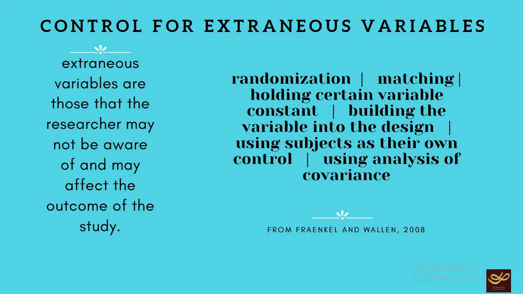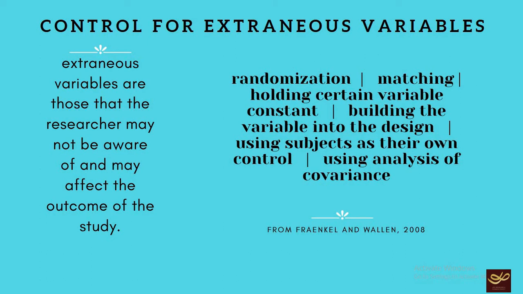So for example, if sex is a factor in the study, you can do matching. A male subject in the control group must be paired to a male subject in the experimental group. In the same manner, a female subject in the control group will be paired to a female subject in the experimental group.